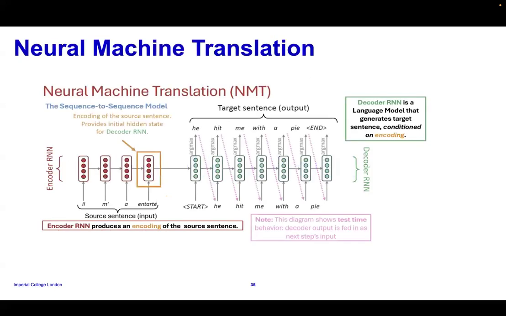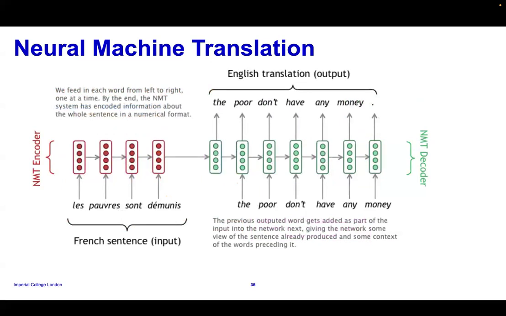So let's look at neural machine translation. Let's assume here we have an encoder and here we have a decoder, right? We can see here, encoding the sequence and providing the hidden initial state. This is what I talked about with the hidden state, which actually was a problem.